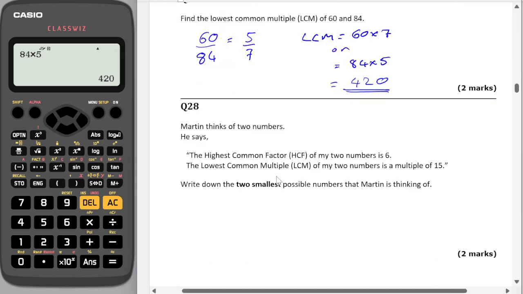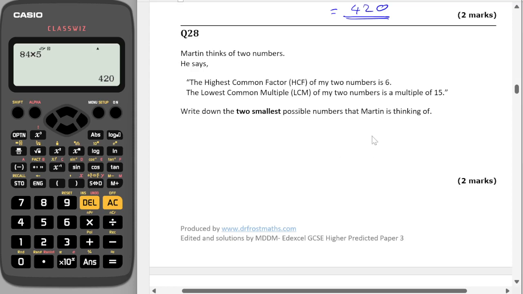Okay, 28. Martin thinks of 2 numbers. He says the highest common factor, or HCF, of my 2 numbers is 6. The lowest common multiple of my 2 numbers is a multiple of 15. Write down the 2 smallest numbers that Martin is thinking of. The 2 smallest. Okay, so I've done this question quite recently.